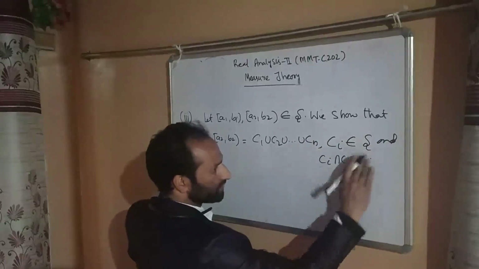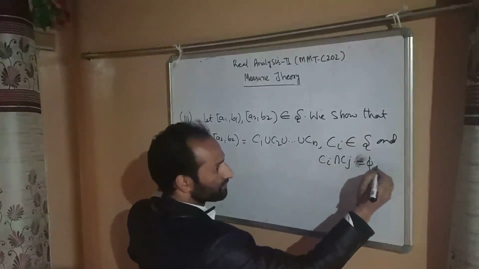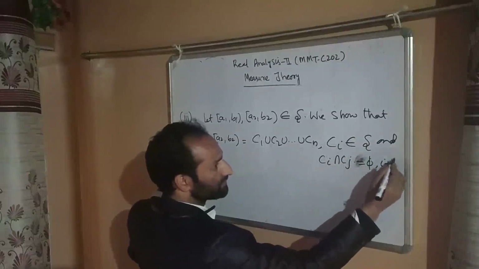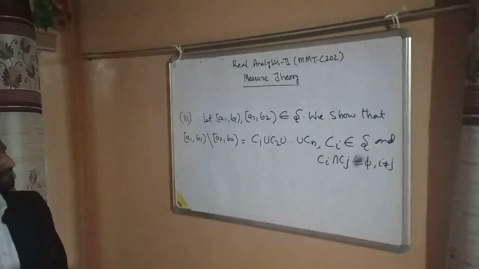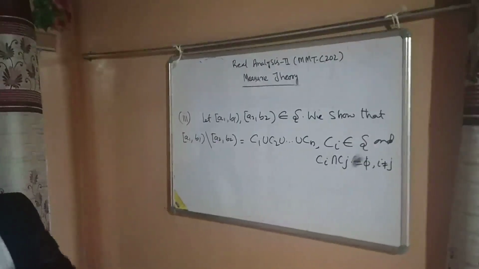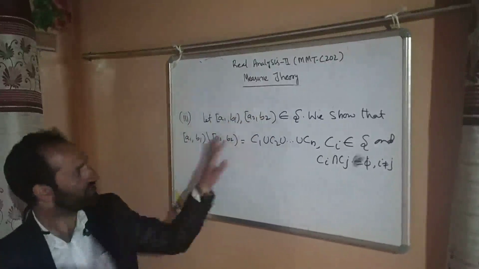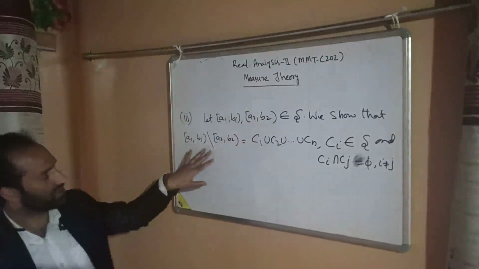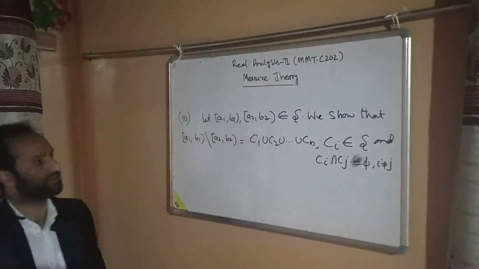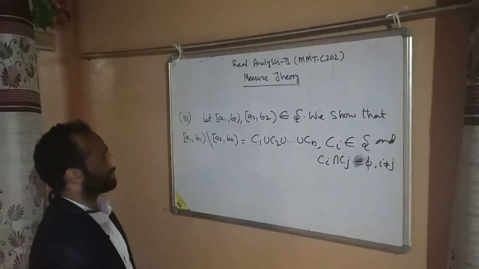Ci intersection Cj is equal to phi for i not equal to j. They are disjoint. That's the third property. For any two members of S, we need to show that the set difference is equal to the finite disjoint union of members of S. So let's prove this property.